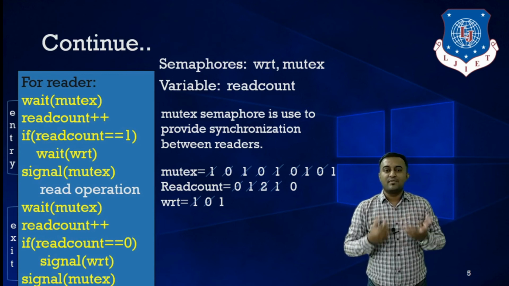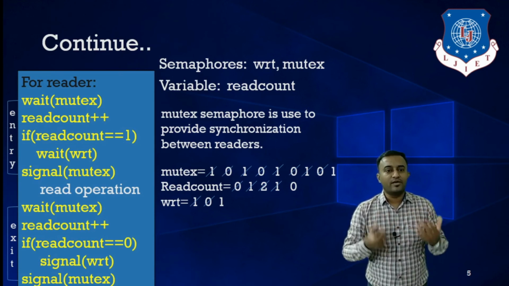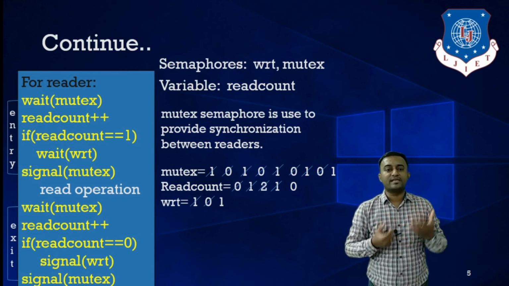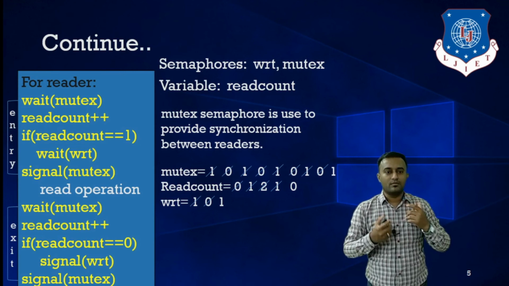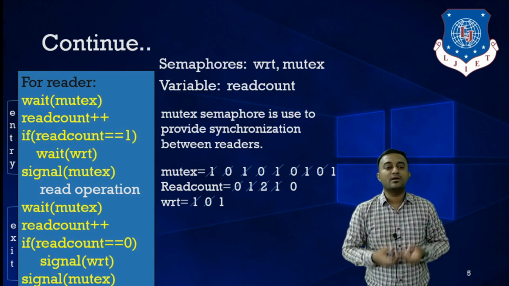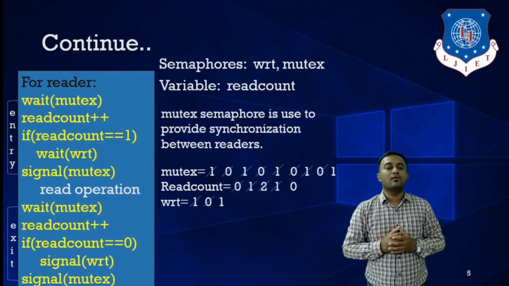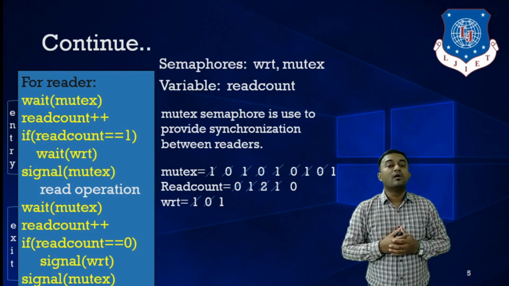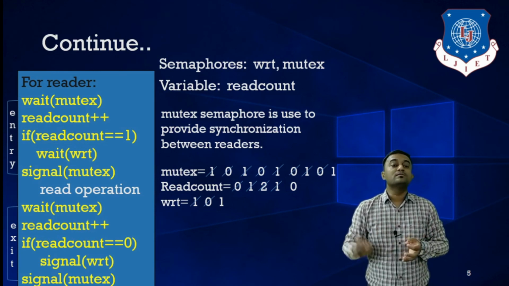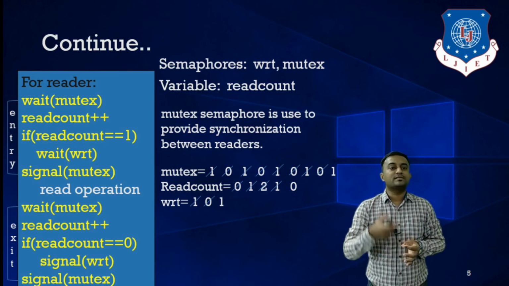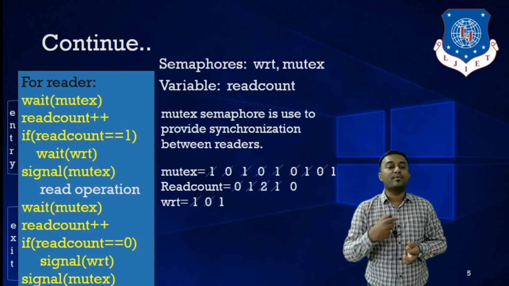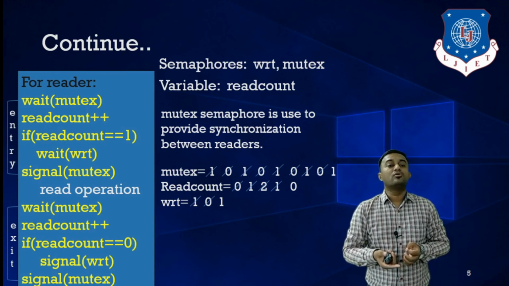Yes, because wait on mutex means the value of the mutex variable. It is not a variable, it is nothing but a semaphore. So what was the value of mutex? Yes, the value was 1. So it will be 0 again, because if one is going to exit, simultaneous operation is not allowed.